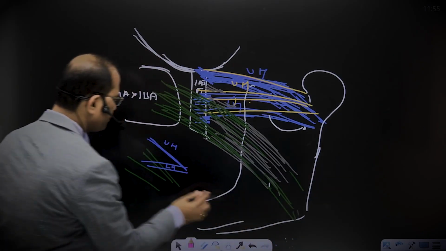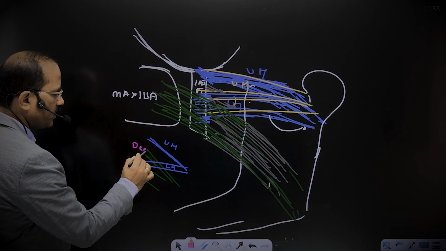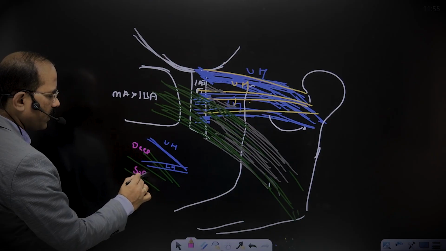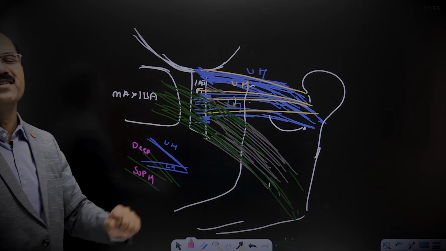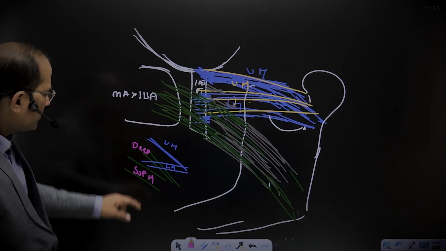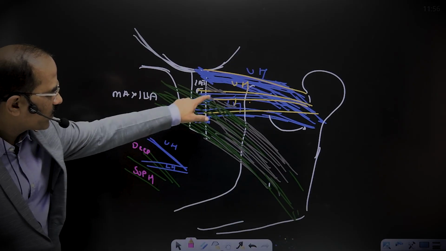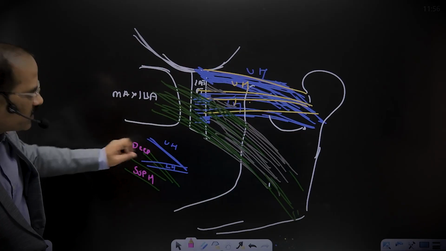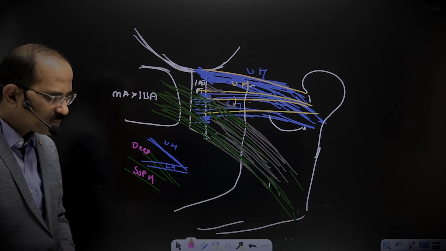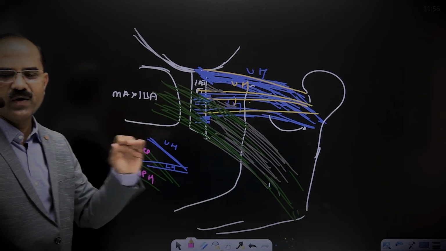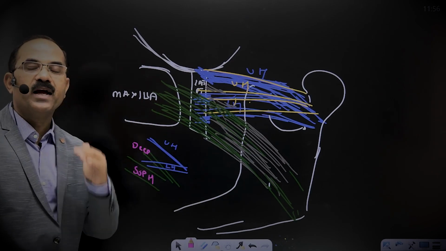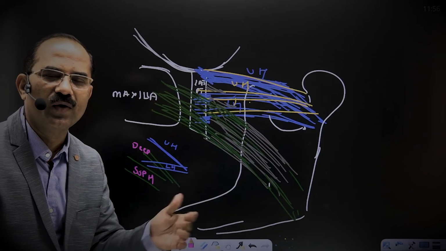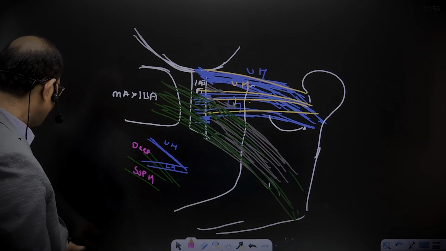This is the deep head of medial pterygoid, and that's the superficial head of medial pterygoid. So the lower head of lateral pterygoid is between the superficial and deep heads of medial pterygoid. Are you following this?